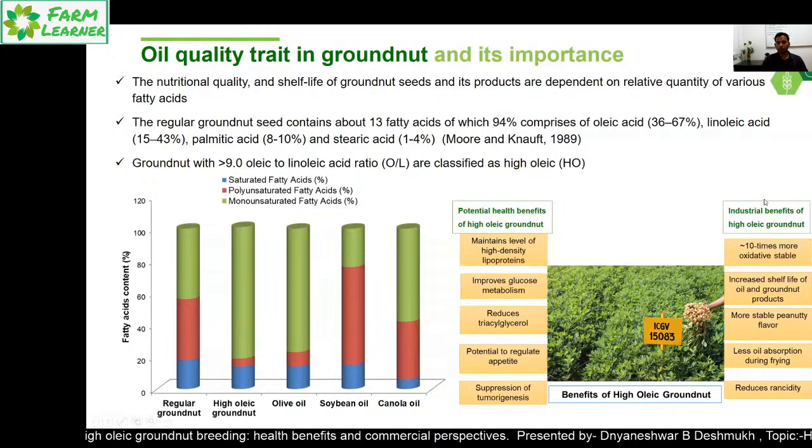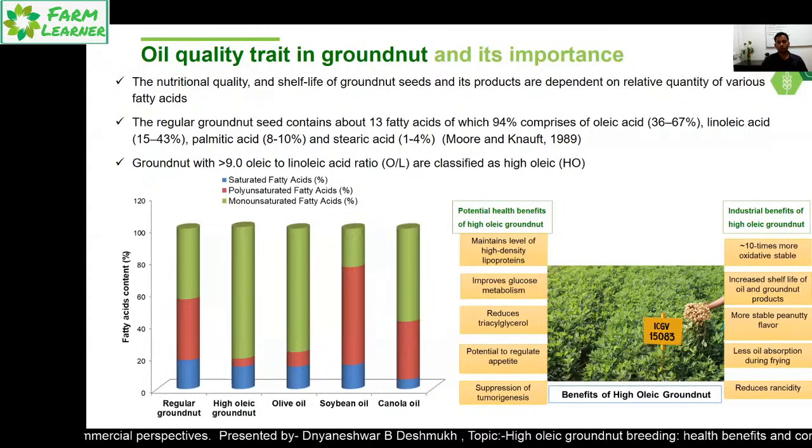If you look at the right side, there are the industrial benefits of the groundnut, as high oleic groundnut has more than 10 fold the oxidative stability compared to normal groundnut. It is more stable for different products in terms of processing.